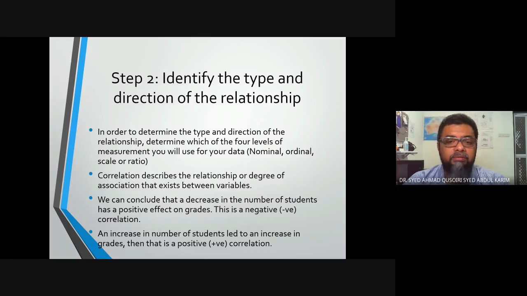So we want to identify the correlation. So we can conclude that a decrease in the number of students has a positive effect on grades. In this survey, we identified that a decrease in the number of students in a class would eventually boost up the students' grades.